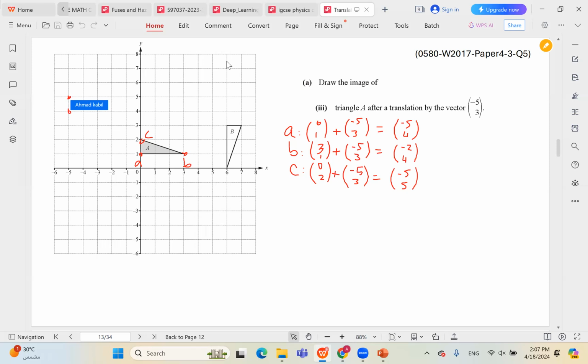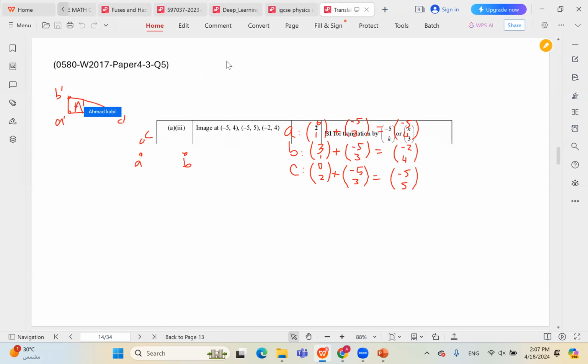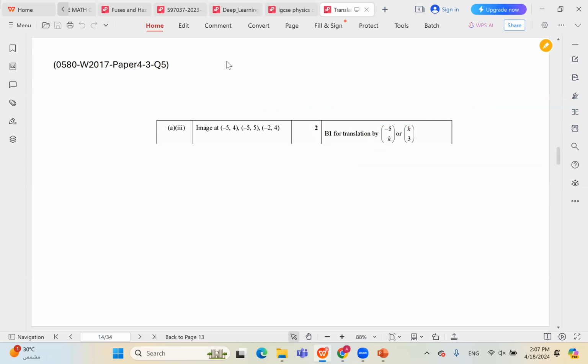So -5 and 4 would be A dash, -5 and 5 would be B dash, and -2 and 4 would be C dash. And this would be your triangle here. Triangle A dash. So the ordered pairs are -5 and 4, -5 and 5, and -2 and 4. These are correct.